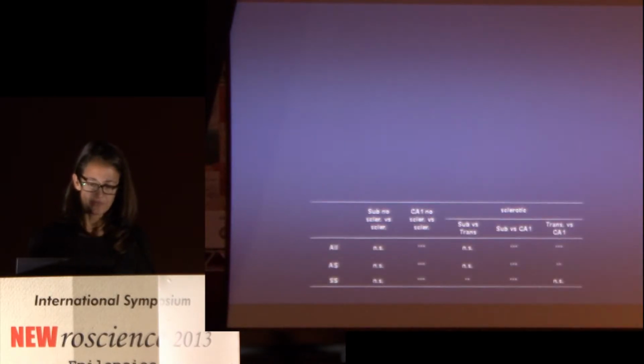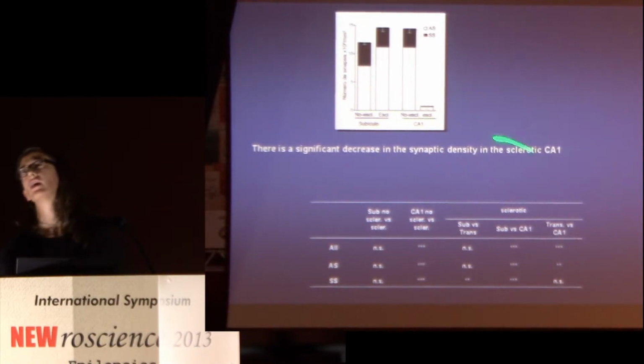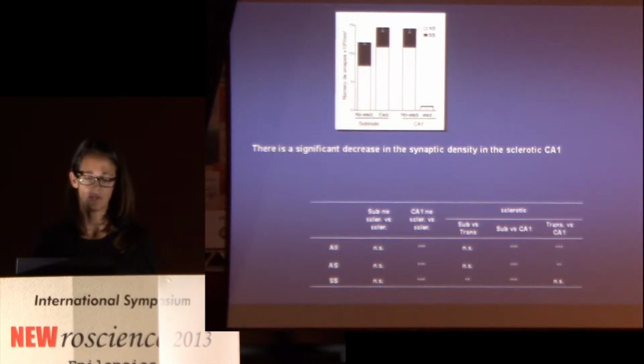What we obtained is summarized here. There is a significant decrease in the synaptic density in the sclerotic CA1. As we can see in this graph, there is a dramatic reduction in the general number of synapses in the sclerotic CA1, but in the sclerotic subiculum, the number of synapses was almost similar to the non-sclerotic.